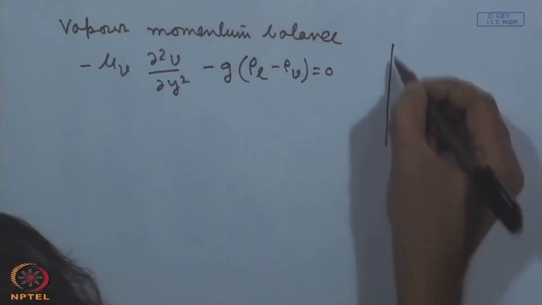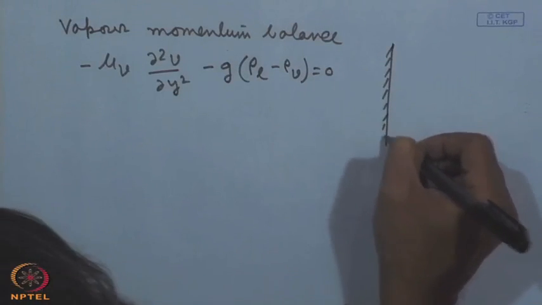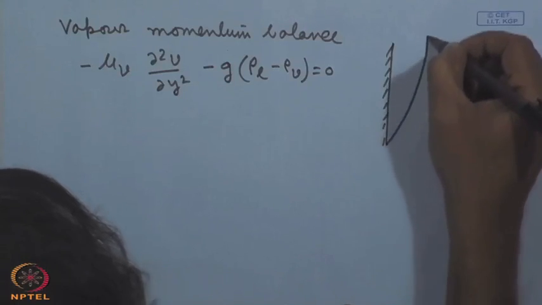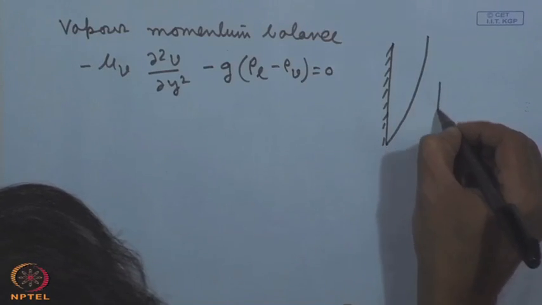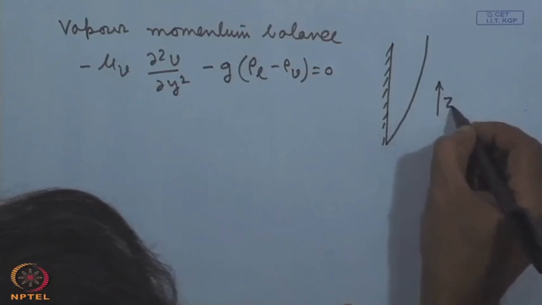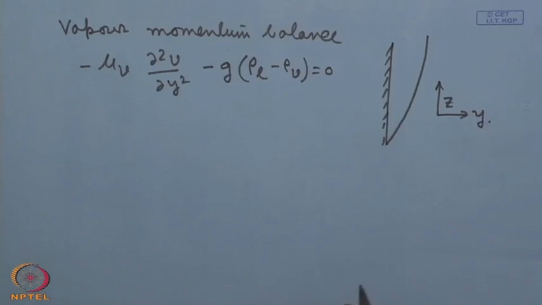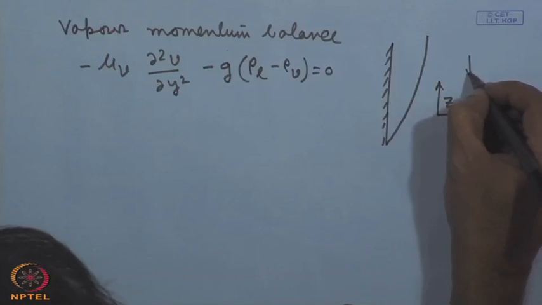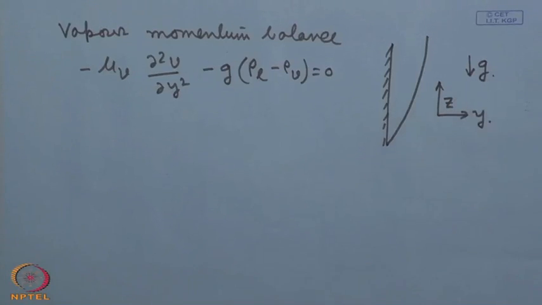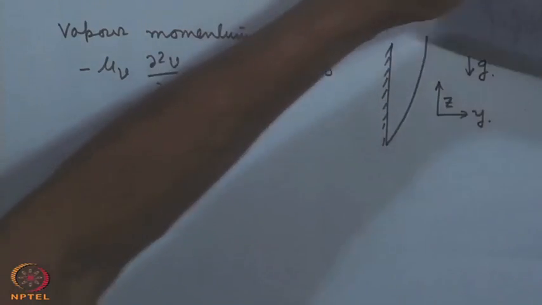It will be convenient now if I show the coordinates. Basically, we can take z in the upward direction and y in a direction normal to the plate, and this is the direction in which gravity works. So, with this we get this momentum equation. The momentum equation can be solved with appropriate boundary conditions.